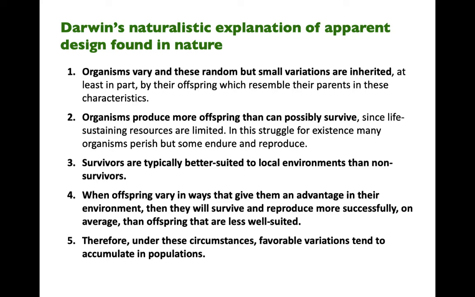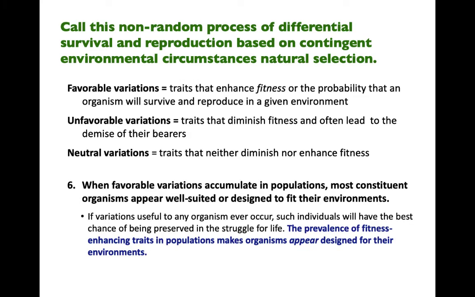When offspring vary in ways that give them an advantage in their environment, then they will survive and reproduce more successfully, on average, not always, than offspring that are less well suited. Therefore, under these circumstances, favorable variations tend to accumulate in populations. Call this non-random process of differential survival and reproduction based on contingent environmental circumstances natural selection.